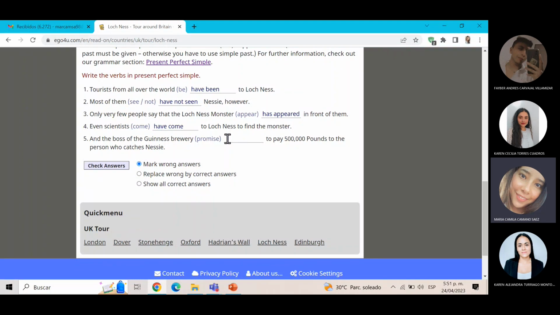And the last one: the boss of the Guinness Brewery. What is the auxiliary verb in this case, have or has? Has, teacher. Yeah, and why has and not have? What is the subject in this sentence? The boss. Yeah, the boss, a man or a woman, we don't know.